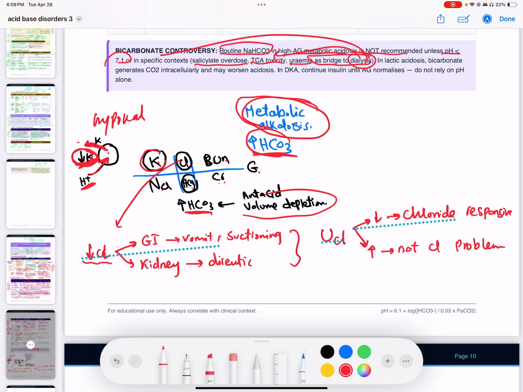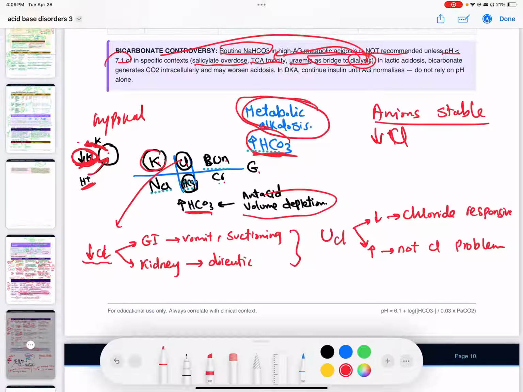The most important cause of metabolic alkalosis would be a chloride issue. Remember that we have to keep the anions at the same number. So if you have a decrease in the chloride, you'll have an increase in the bicarb to keep the anions equivalent to the cations.